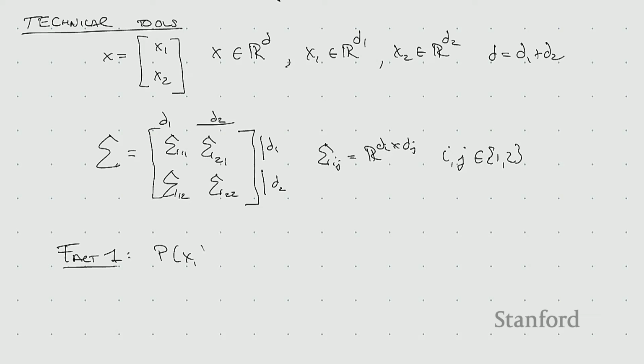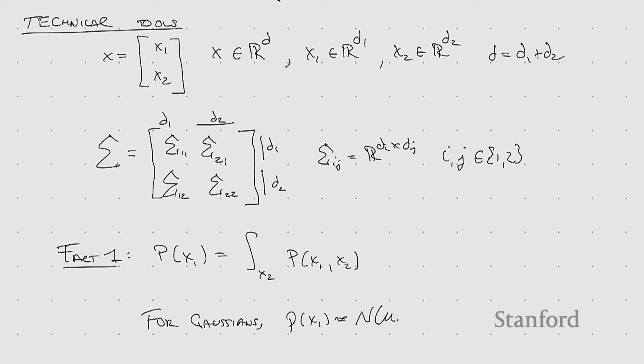So first one is the marginalization identity for Gaussians, p(x1, x2). Okay? For Gaussians, this has a nice form. This is not true in general. This is why we love Gaussians so much, really, or that it has this really nice form. p(x1) is going to be distributed like a normal, mu 1, sigma 1,1.